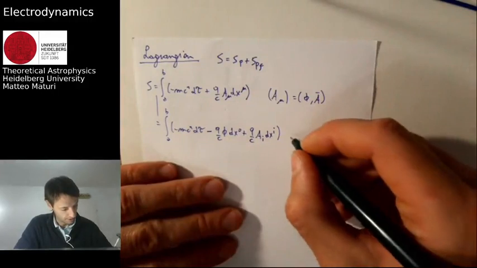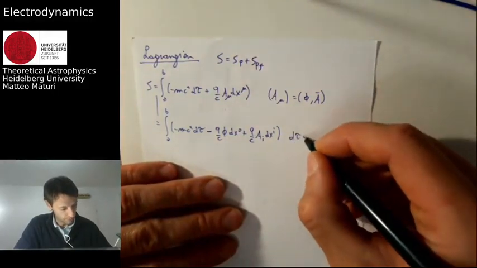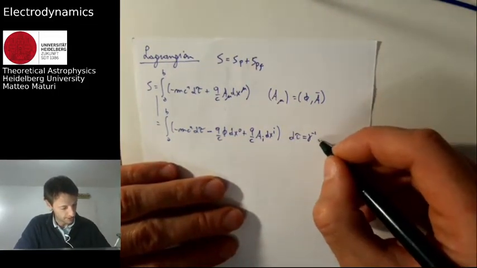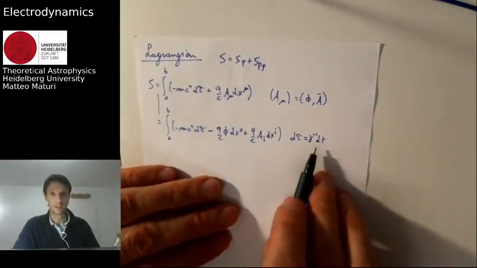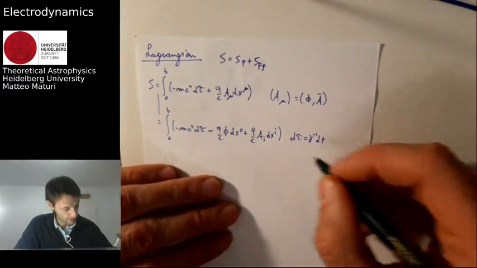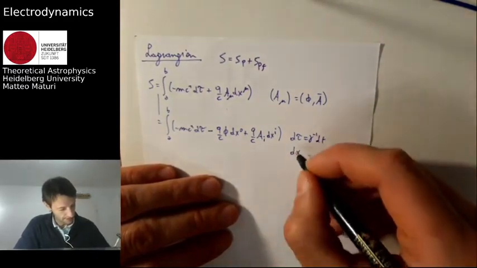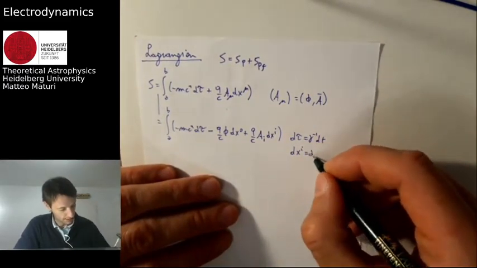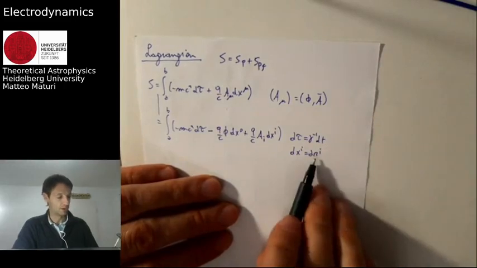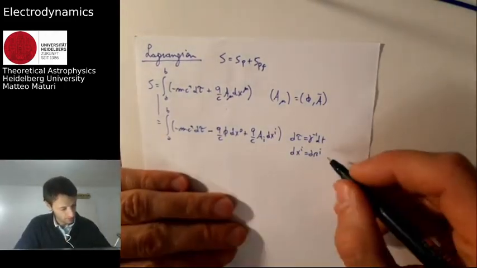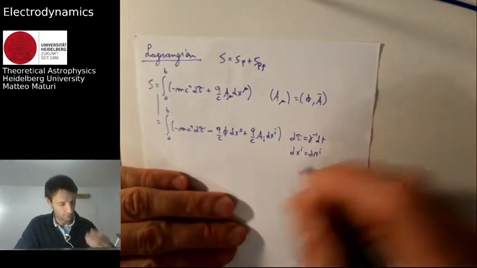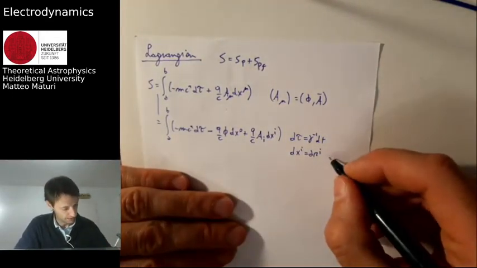Now what we do, I just express the tau as dt over gamma. That's the proper time. How is it related to the time? Then I define the x i equal to the r i, just for convenience, to remind you that it is only the space component, just to be sure that you don't mismatch that.